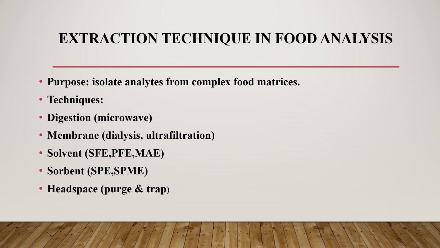Supercritical fluid extraction uses CO2 under pressure, efficient and eco-friendly. Solid phase methods use materials like silica to trap analytes, which are later eluted. Headspace-based techniques capture volatile compounds from the air above a sample, ideal for aroma analysis. Each method is chosen based on the analyte's properties and the food complexity.